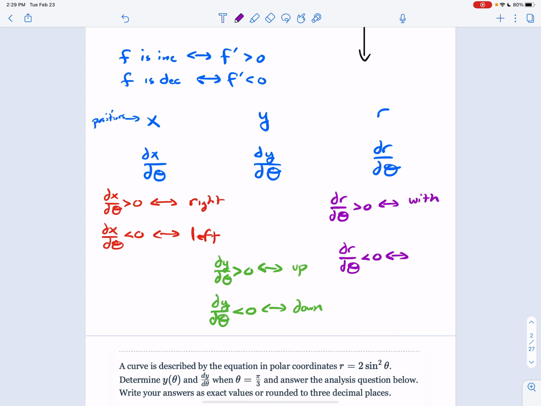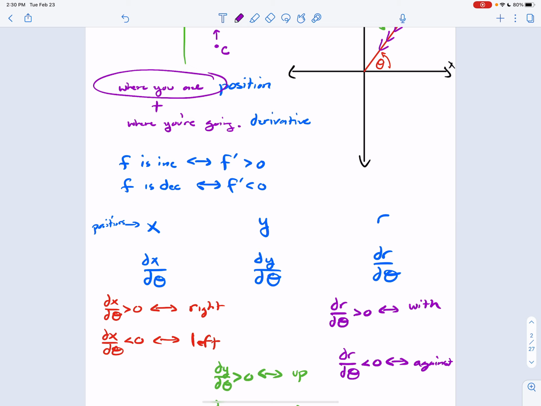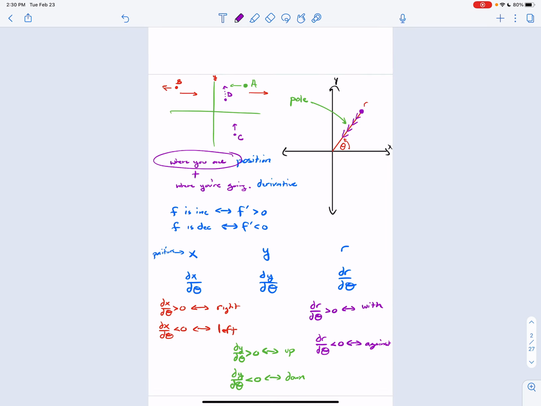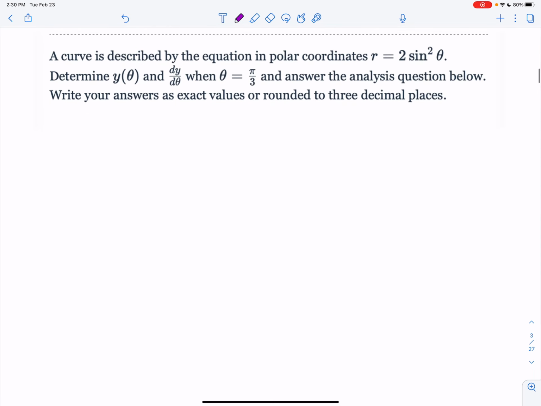I'm just going to say with or against. Okay? The reason why I'm having trouble trying to phrase that there, you'll see in a second. It depends on where you are. So it's kind of relative there, okay? So we're going to come back to that one. Here's the first example. Go ahead and write it down. Everything else we'll shorthand later, okay?